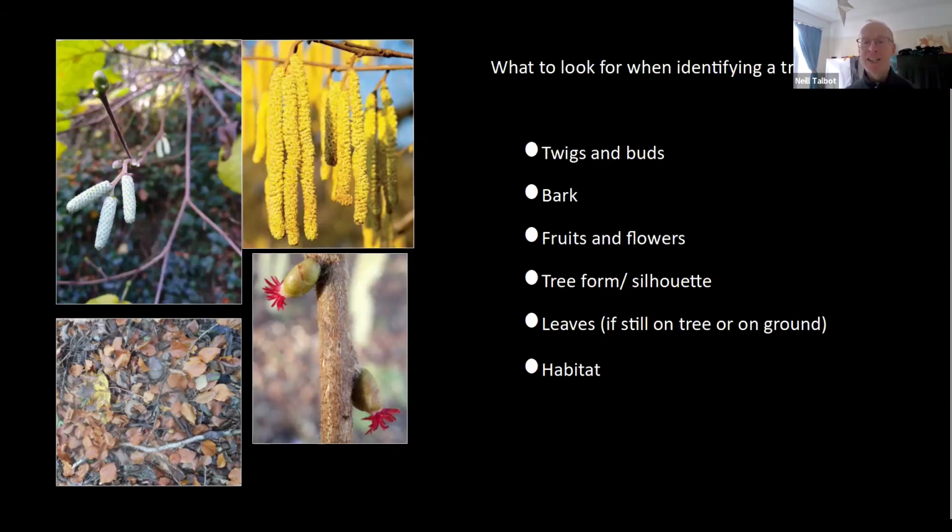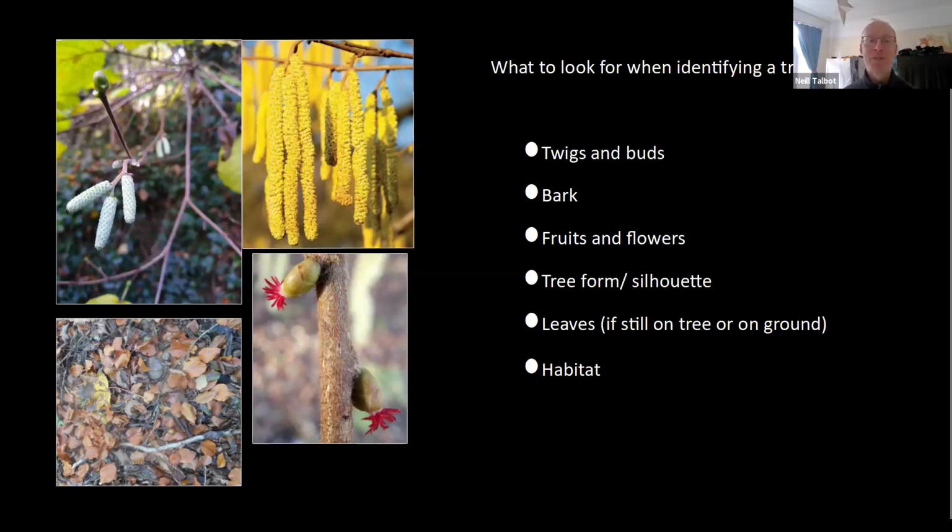And then you can use leaves as a helpful ID feature, but you need to be very wary about this. If they're on the tree, that's fair enough. You can tell that they definitely belong to that tree. But if they're on the ground, you have to add up all the different factors, other features, and they can help you decide it is that species.